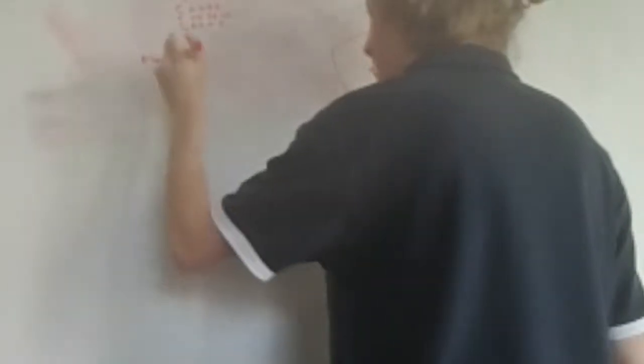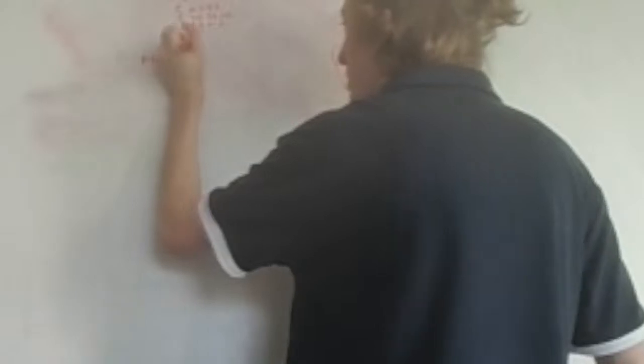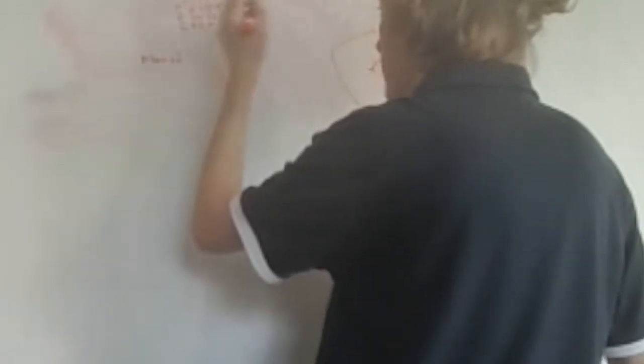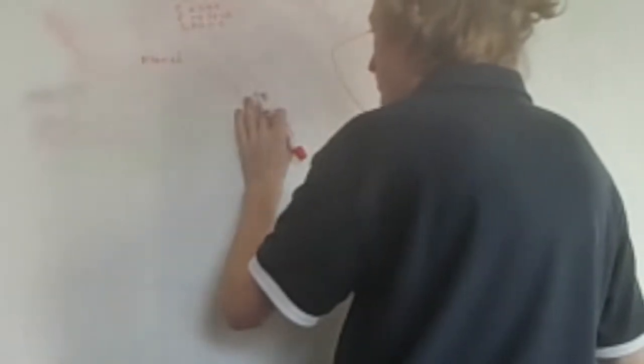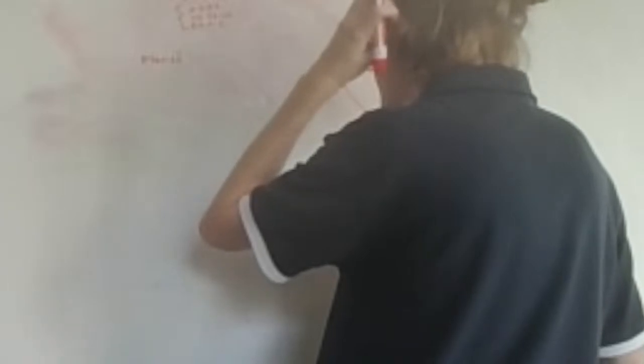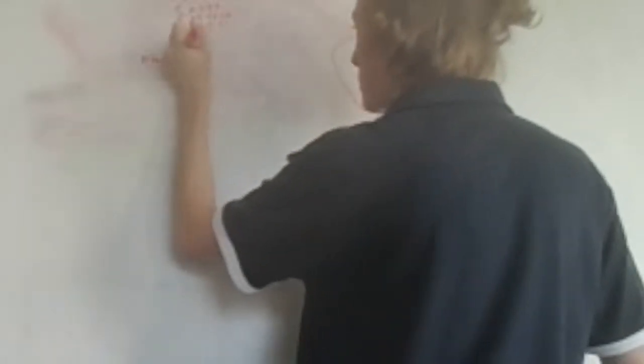So I can call the equation of the plane, I think it's just n dotted with the points.